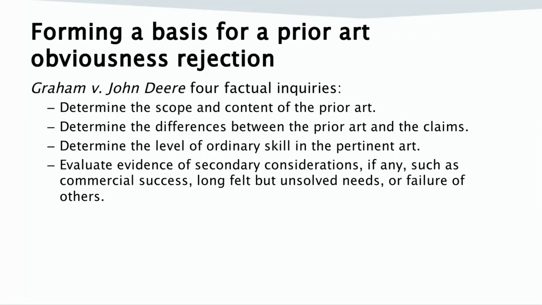This slide covers the 4 factual inquiries established by Graham versus John Deere that need to be made when making or reviewing a 35 U.S.C. 103 rejection. First, you must determine the scope and contents of the prior art. Then, determine the differences between the prior art and the claims.